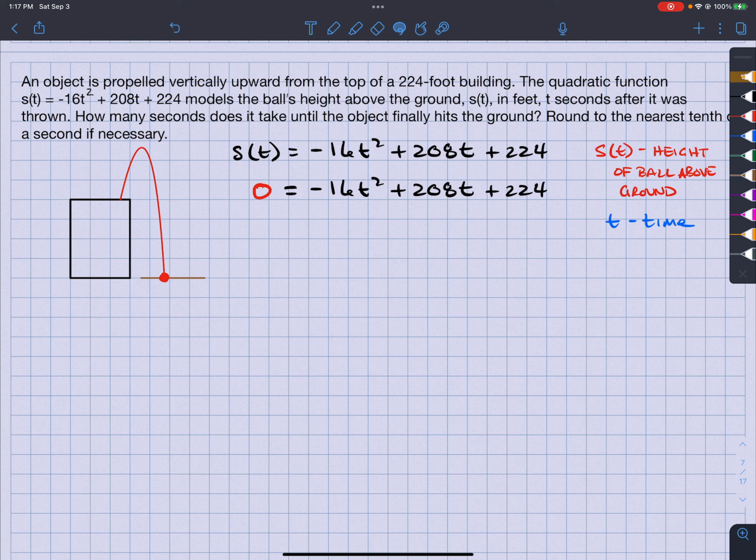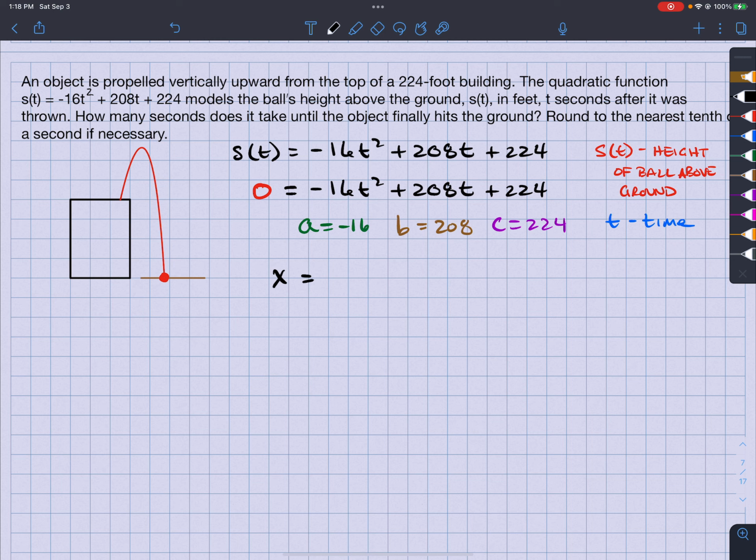So I can go ahead and use the quadratic formula, right? Because here I know that my A is negative 16, my B is equal to 208, and my C is equal to 224. So let's plug it in.